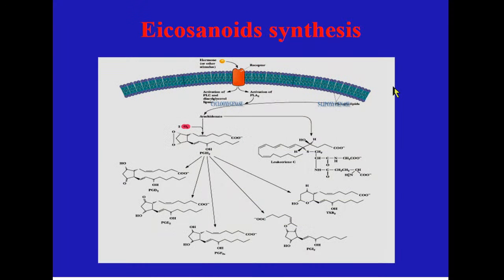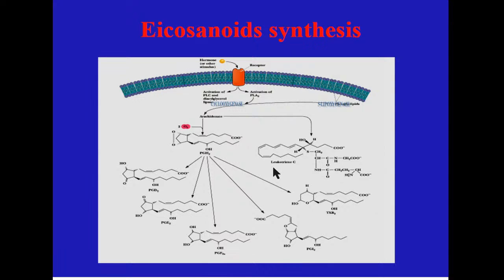For the release of arachidonic acid from the phospholipids of the membrane, after special signals when it is necessary, phospholipase A2 will release arachidonic acid, which will then be converted by cyclooxygenase to prostaglandins, prostacyclins and thromboxanes, and by lipooxygenase to leukotrienes.